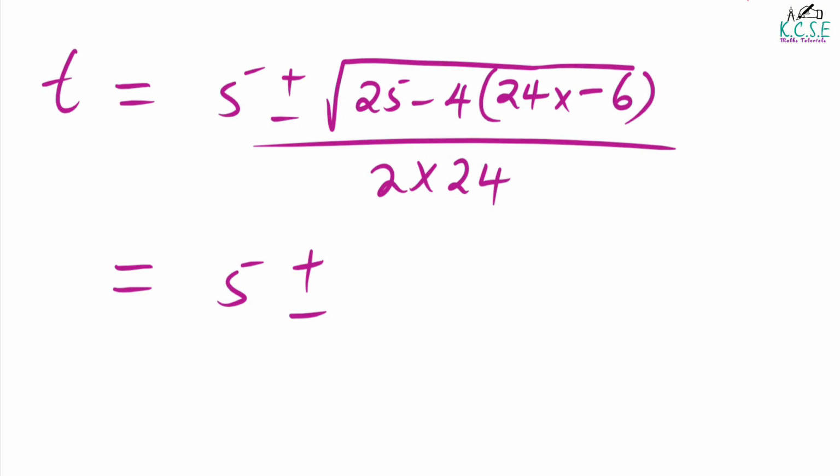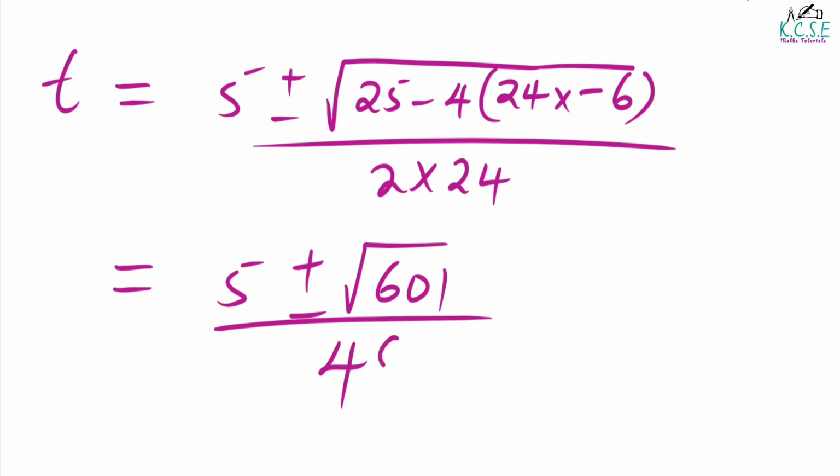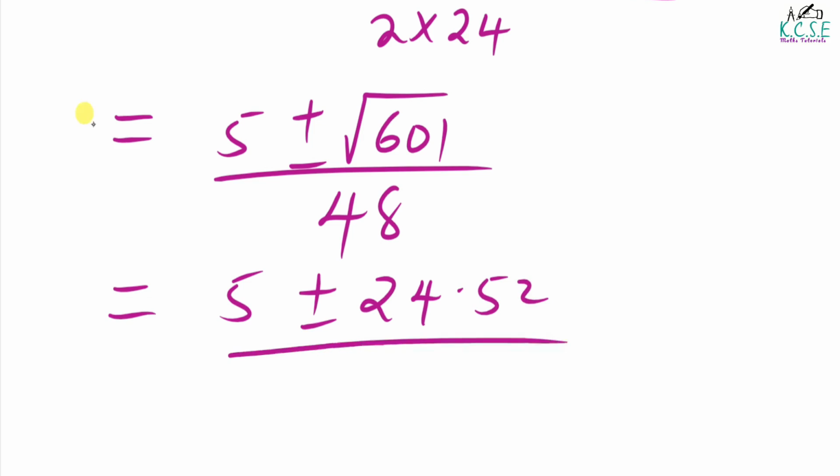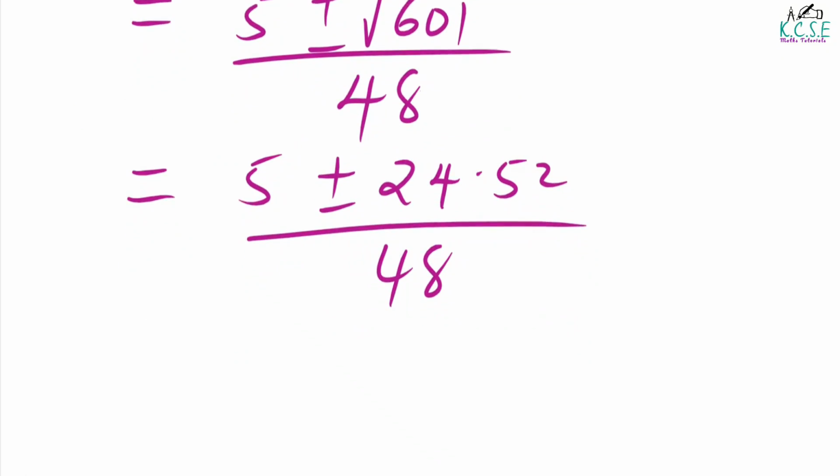When you work it out using the calculator, you get 601. So this gives 5 plus or minus the square root of 601, which is 24.52, everything divided by 48.